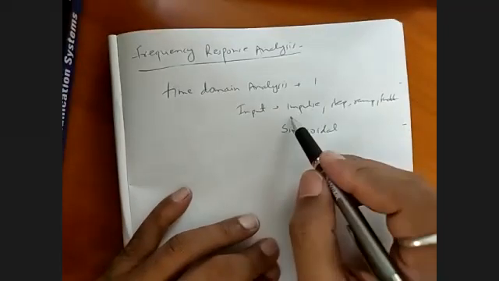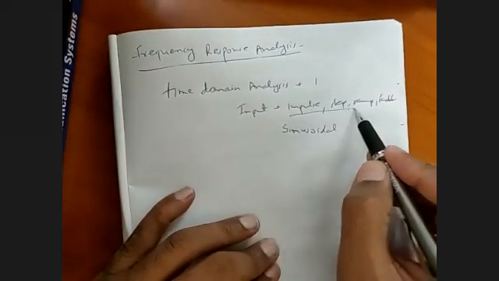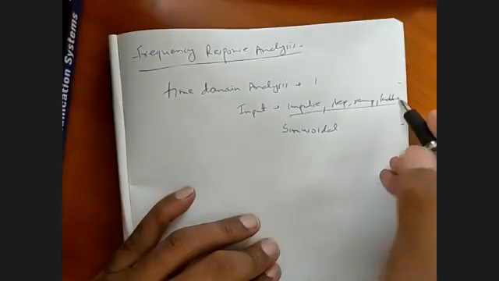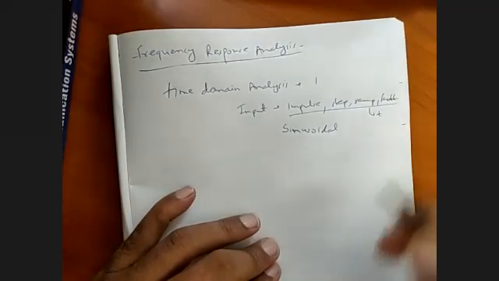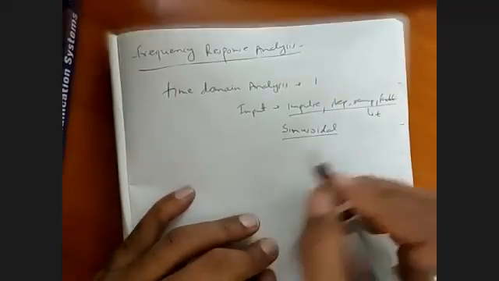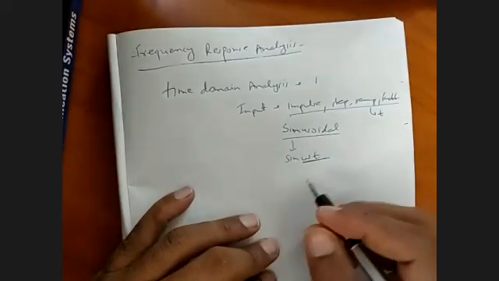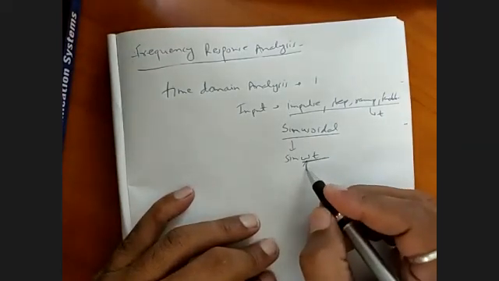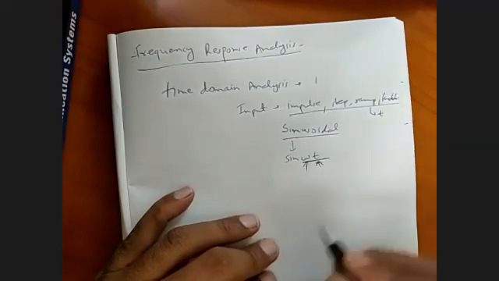But when we are talking about impulse, step, ramp, and parabolic inputs, they are variables of t only. But when we are discussing the sinusoidal input, it will be sine omega t. So it will be depending on omega also, and it will be depending on t also.